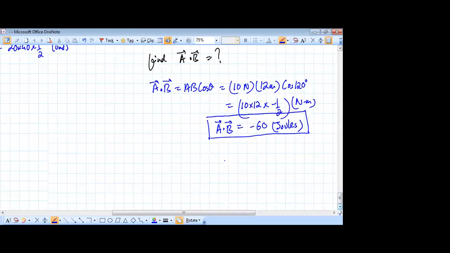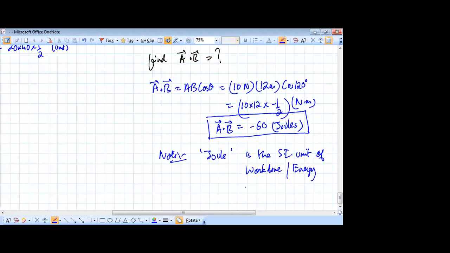तो ये एडिशनली यू कैन सी दैट जूल is the SI unit, standard international unit of work done or energy. So 1 joule is equal to 1 Newton meter. So that is why this is coming in joules.